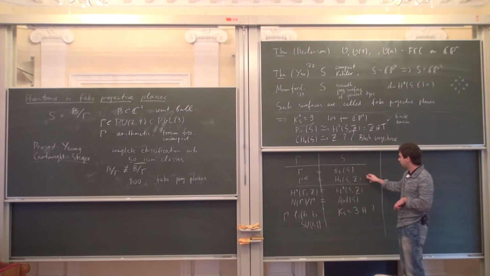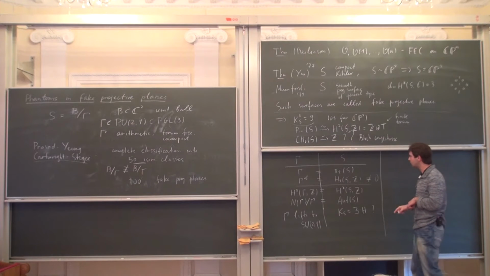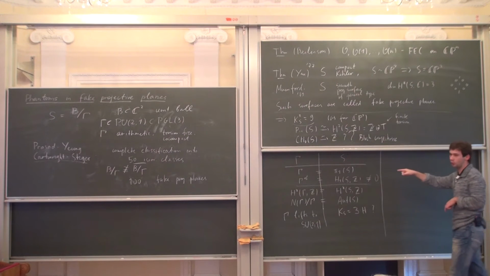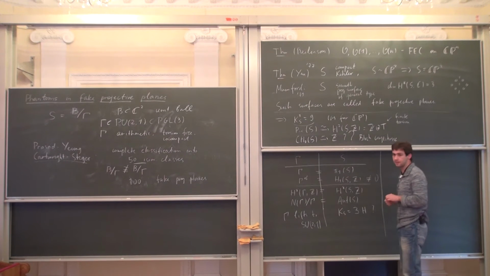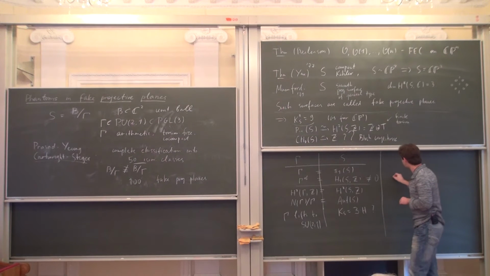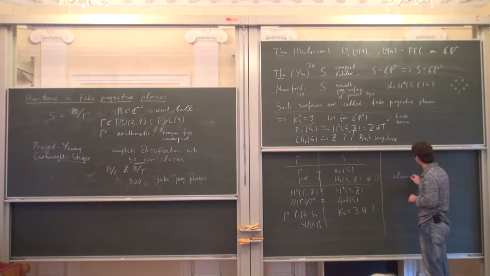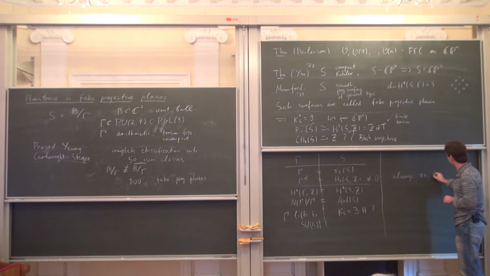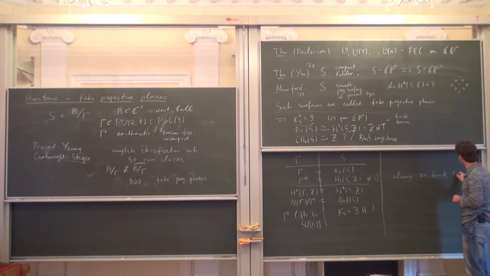So let me also make remarks about what this is equal to. It's important for us that this is never 0. In fact, it follows from the cohomology. It's always finite torsion. You mean it is never Z? H has 0. So it's always non-zero finite torsion. There's no conceptual explanation for this.